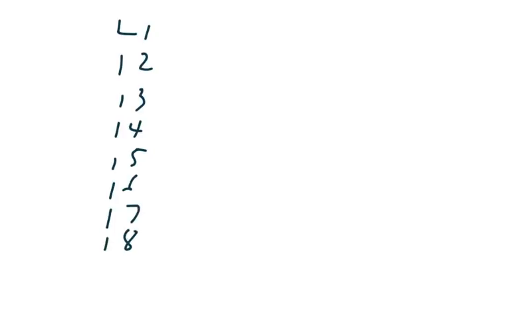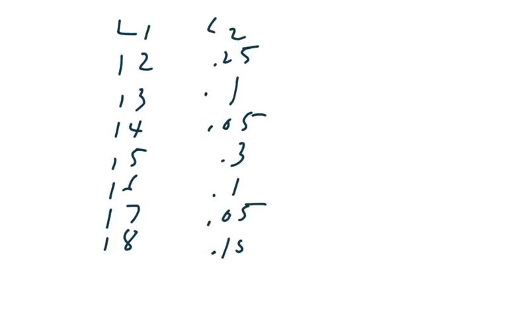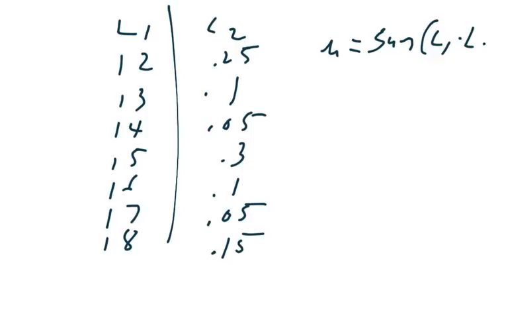And in L2, we're going to have 0.25, 0.1, 0.05, 0.3, 0.1, 0.05, and 0.15. And we need to do the old one because we don't know the answer for the original data. So find that out right now.